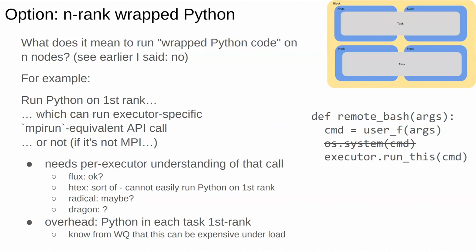There's only one more slide. Dragon, I don't know about. I was saying how you would implement this if you could. The overhead is there's Python in every first task now, and certainly from Work Queue under really heavy load, that's been very expensive. Work Queue and TaskVine have done nice stuff to try and eliminate that.